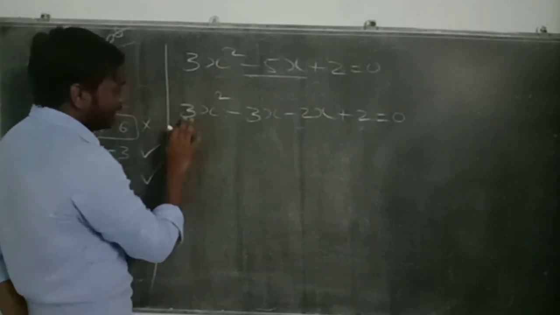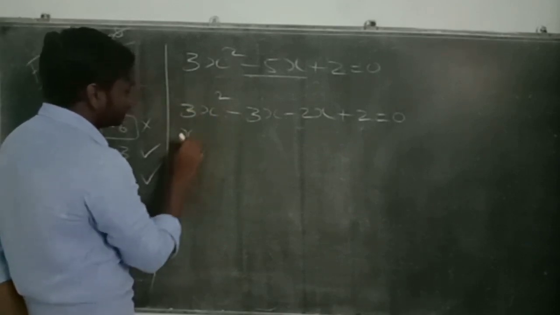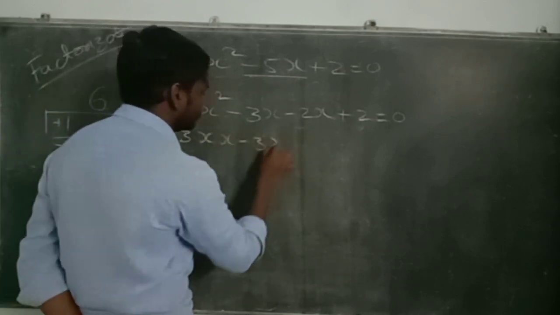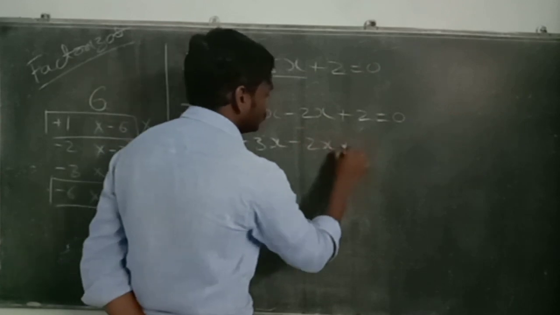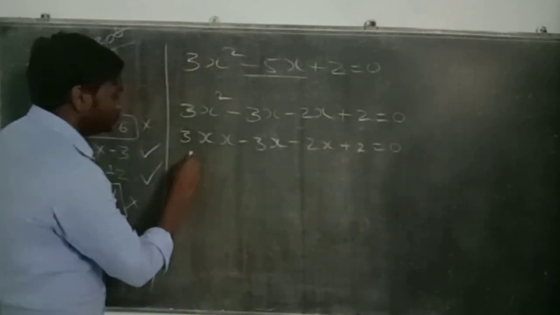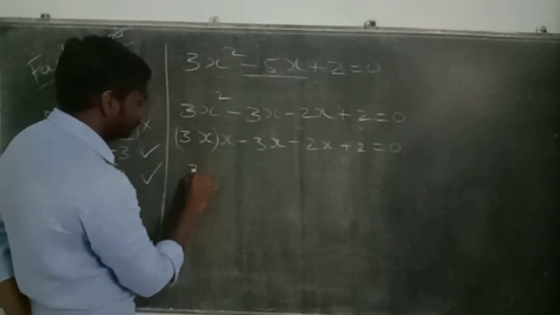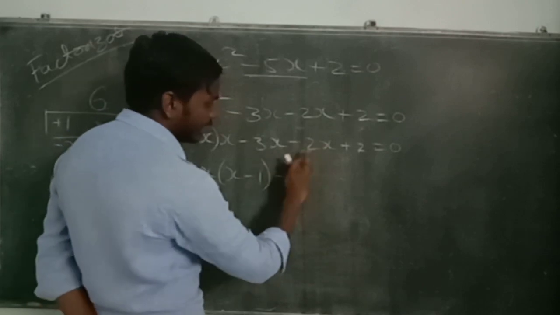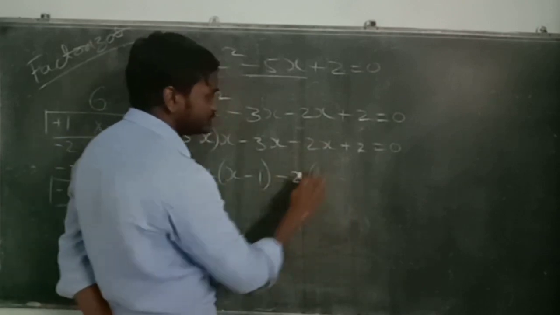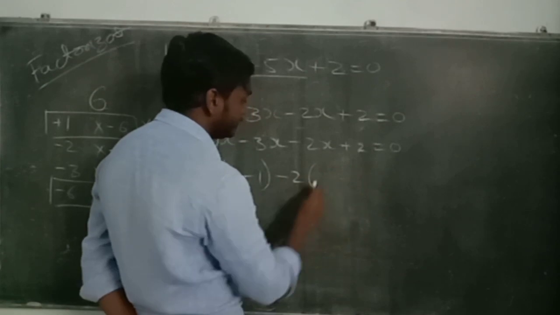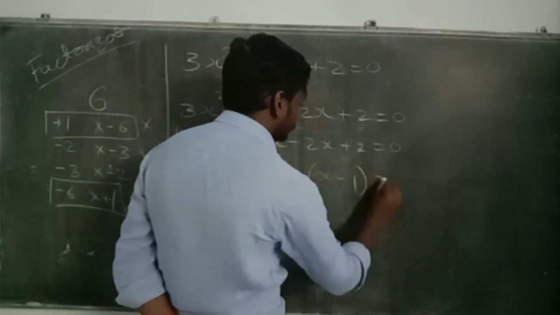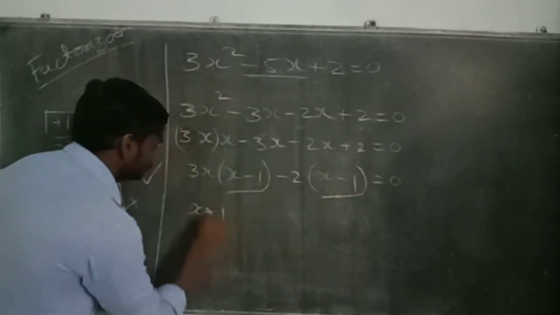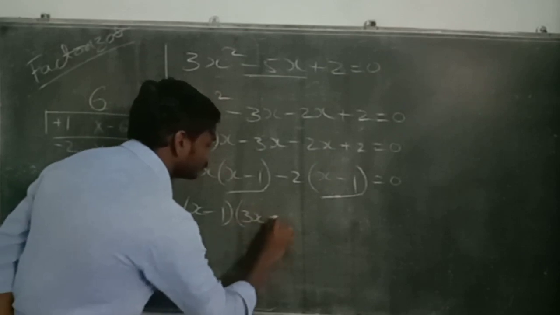Now here I can take 3x as common: 3x into (x minus 1). Then I take minus 2 in common, so minus into plus gives minus 2 into (x minus 1), equal to 0. By taking x minus 1 as common, (x minus 1) into (3x minus 2) is equal to 0.